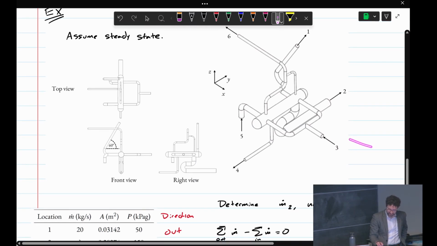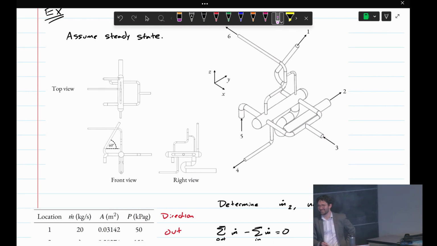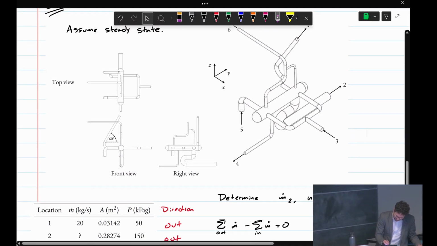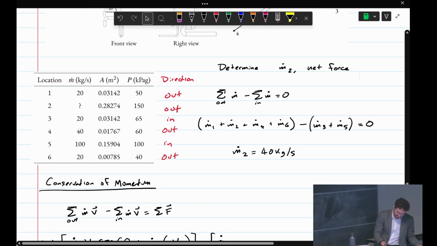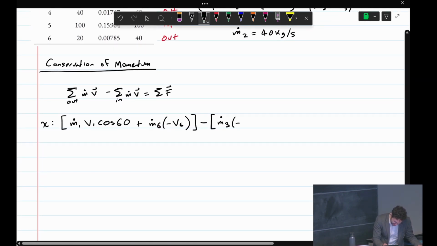I'm gonna wait till someone gives a confident answer. Yeah, negative. Okay. It's negative because this arrow points the opposite direction of the x-axis, right? It's in the negative x direction. So it would be negative v3.